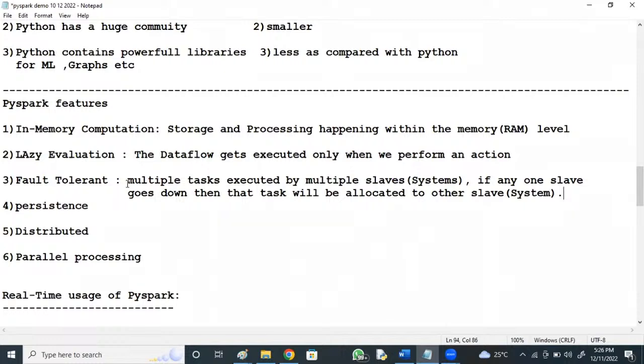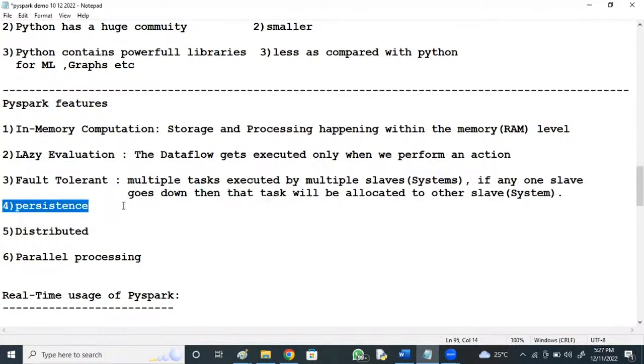In the same way here, if during processing any one slave goes down, meaning any system fails, immediately that task should be allocated to another slave, and there should not be any data loss, where Spark is going to recompute. We have a lot of discussion on this fault tolerance.